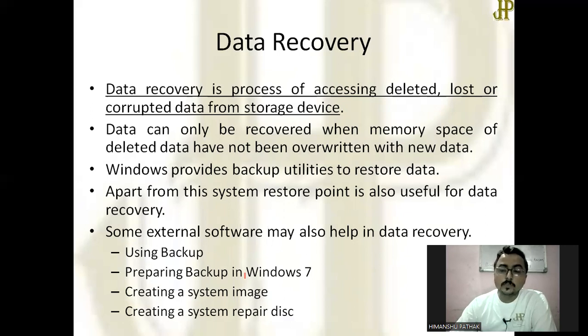Sometimes the Windows operating system provides backup utilities to restore data. System restore is a functionality given by the Windows operating system, or there are other functionalities like preparing a backup in Windows 7 and creating a system image. You can create a system image that can be stored separately in your pen drive or another storage device.